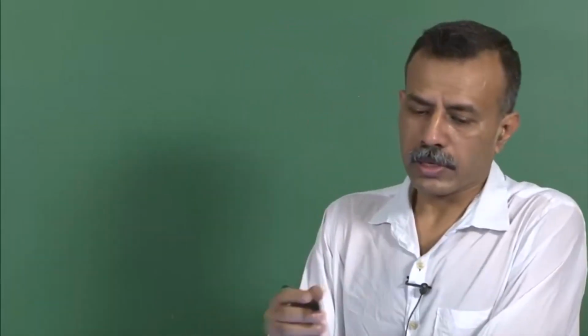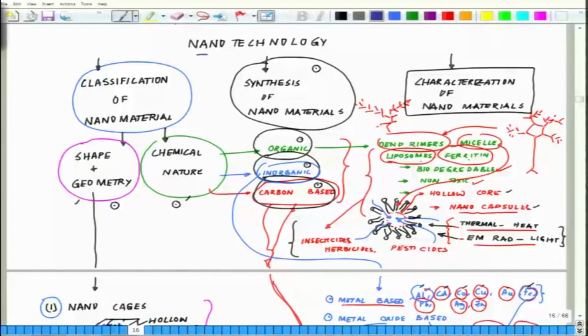So, coming to the slides where we started this. Here, when we started talking about nanotechnology, we decided that we will be talking about the classification of nanomaterial based on shapes and geometry, based on their chemical nature, having organic, inorganic or carbon based.